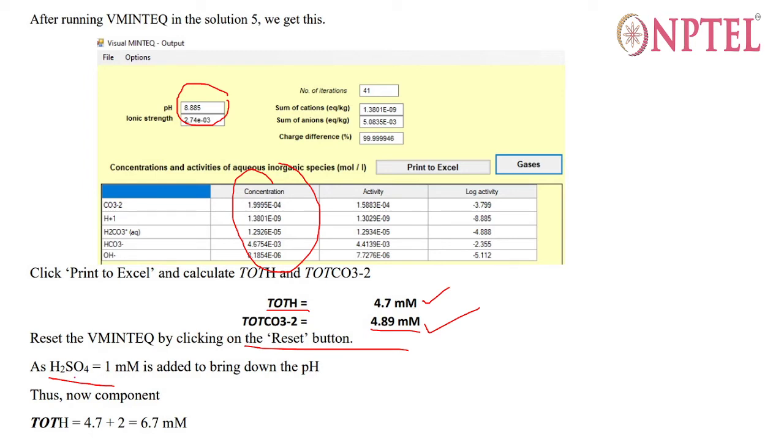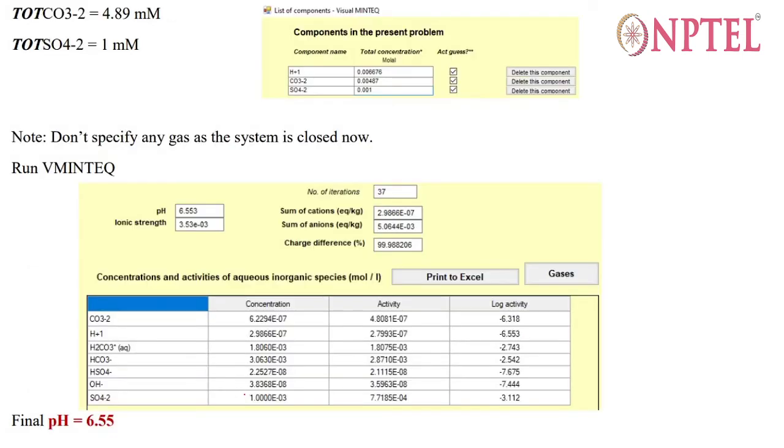Now you have added H2SO4 of 1 millimolar, and 1 millimolar of H2SO4 will give you 2 millimolar of hydrogen ions, since one H2SO4 gives 2 hydrogen ions. So previously it was 4.7, then add 2, nothing else. It's very simple. So now it is 6.7 millimolar.